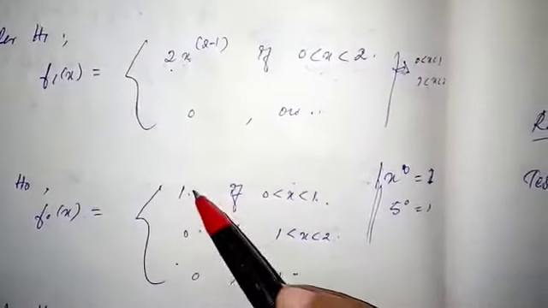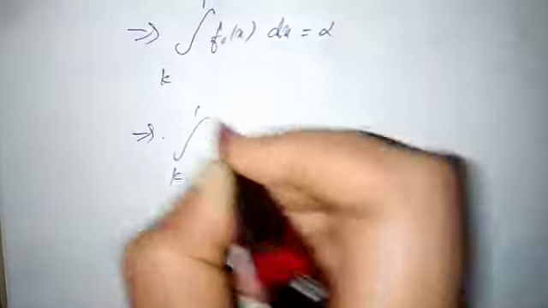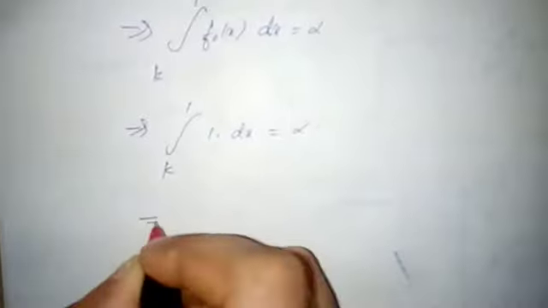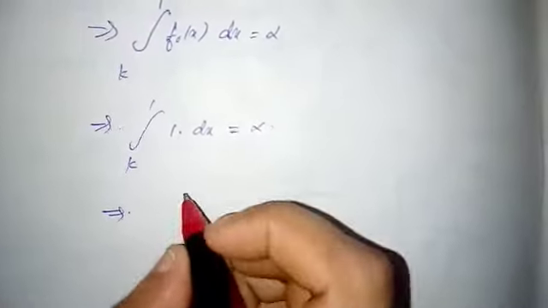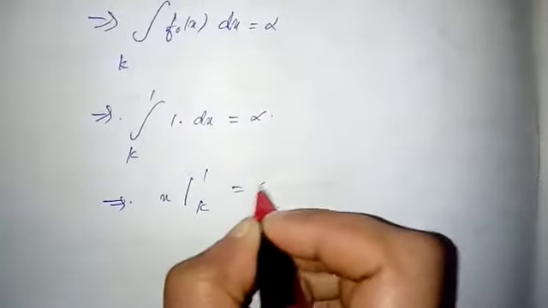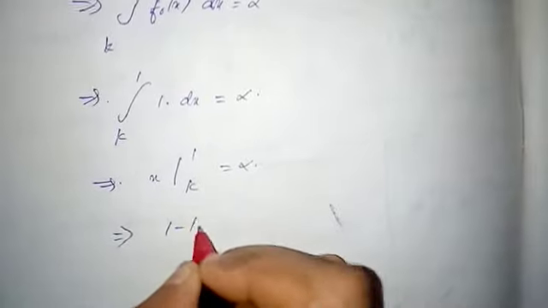What is f naught of x? F naught of x is 1 if 0 less than x less than 1. So it is the integral from k to 1 of dx equal to alpha, which implies x from k to 1 equals alpha, so 1 minus k equals alpha.